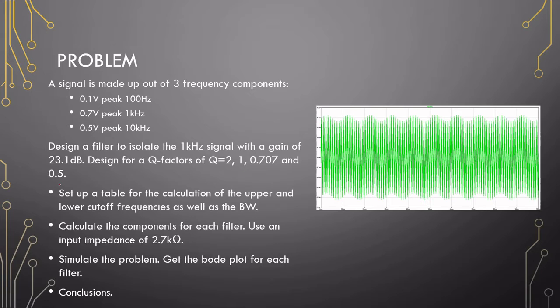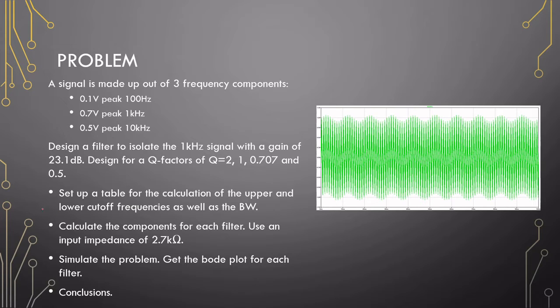The 0.707 and 0.5 will be okay, but for the 1 and 2, the bandwidths will be quite far off, and the gain will be very wrong.